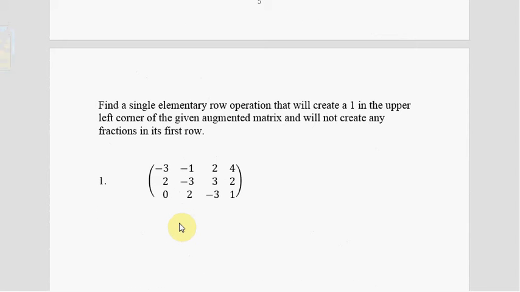Now, let's take a couple of these problems, then we'll look online. Here, find one, two.